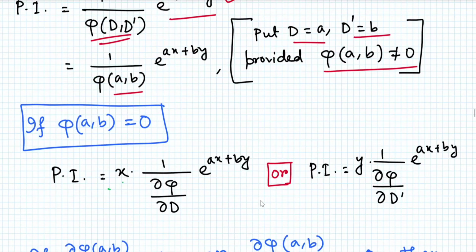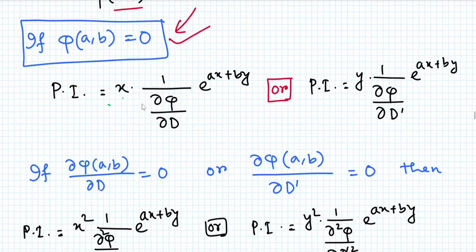Now if we put the values of a and b and we get the denominator term 0, that means phi(a,b) equal to 0, then what we shall do is differentiate the denominator with respect to D and multiply by x, or differentiate with respect to D dash and multiply by y, and then this operates on the function e to the power ax plus by.